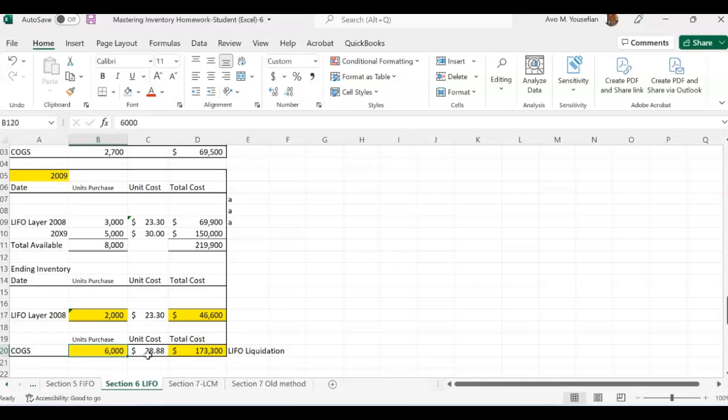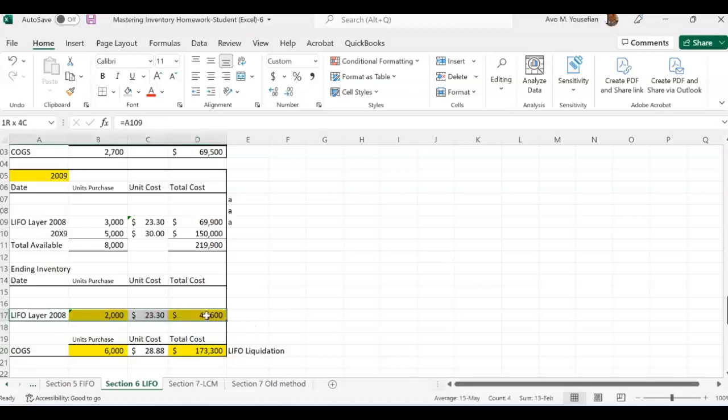And the cost is available, 219 less end, 46,600, gives us $173,300. And that's after LIFO liquidation. That's the cost of goods sold. So that goes into the income statement. 46,600 goes into the balance sheet.